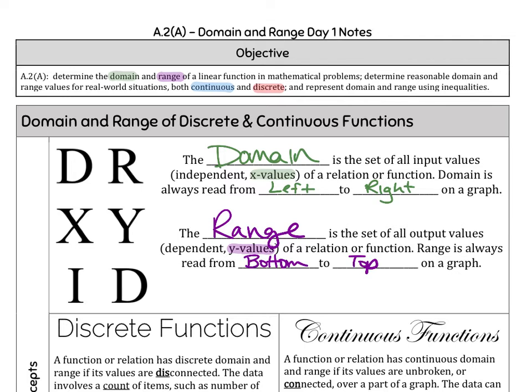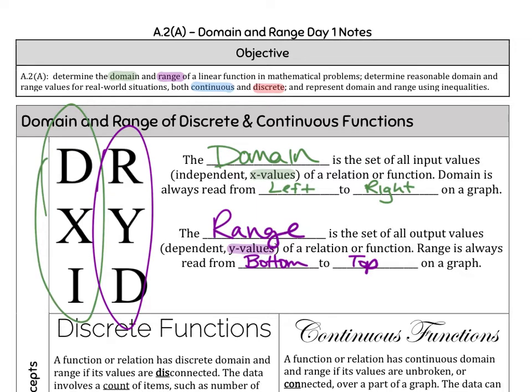The reason that we write it like this is because if you circle the first column of words, the domain is the x values, which are independent values. The range is the y values, which are our dependent values, the outputs. So Dr. XY, where's her ID, is going to help us remember at least which is x and y for domain and range, which helps you eliminate answer choices when we take a multiple choice test.